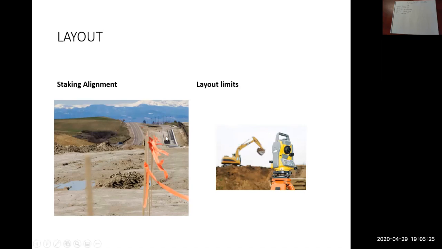You see lots of stakes with flagging like this, showing alignments, and regularly the ribbons will mean that's the top layer of a certain scope of work. Quite often you'll see ribbons to top of subbase layer.